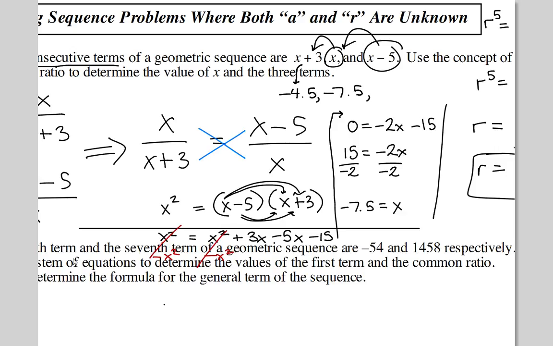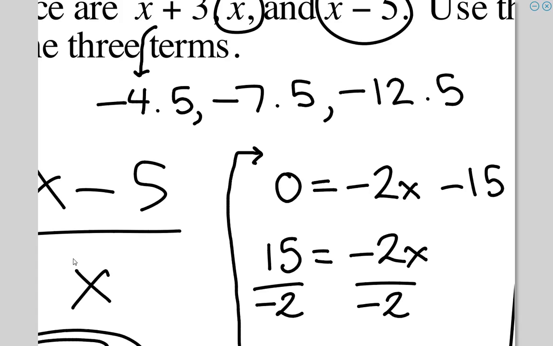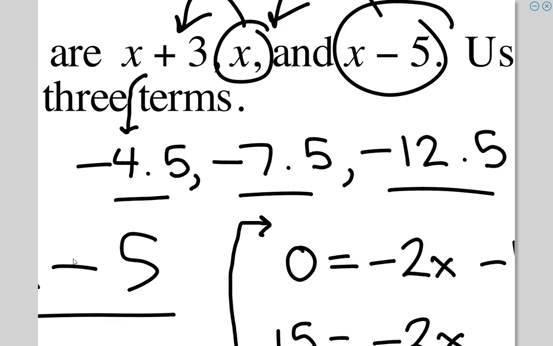And then x minus 5 would be negative 12.5. So I think this is my sequence. I just used the value for x, negative 7.5. X is negative 7.5, so I added 3, kept it the same, and then subtracted 5.